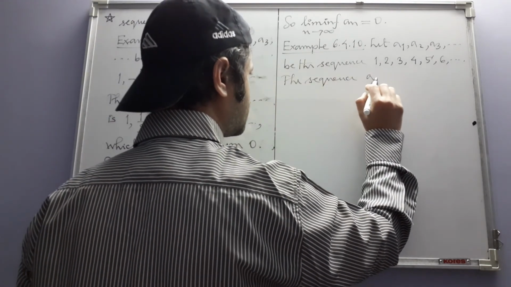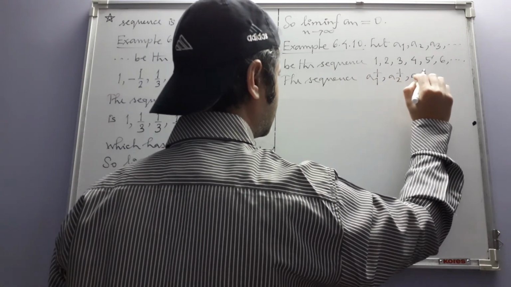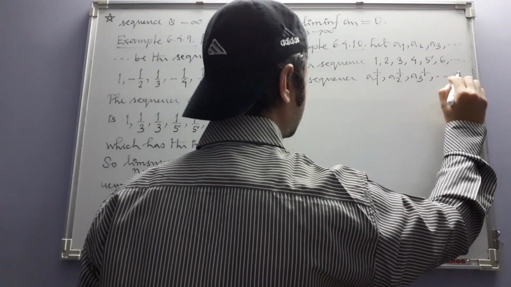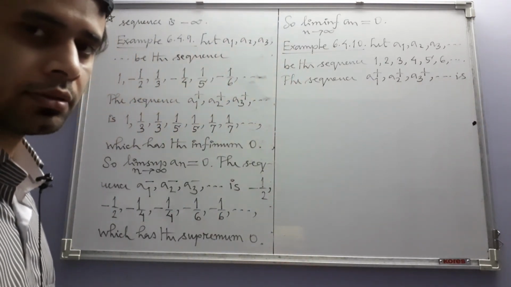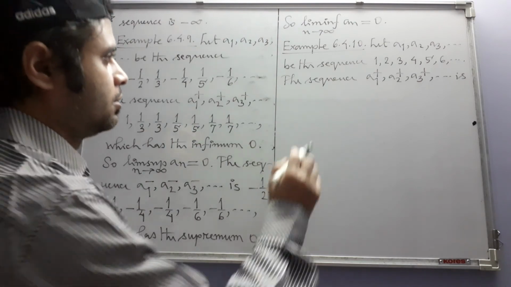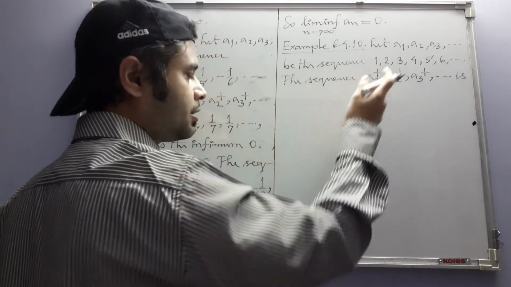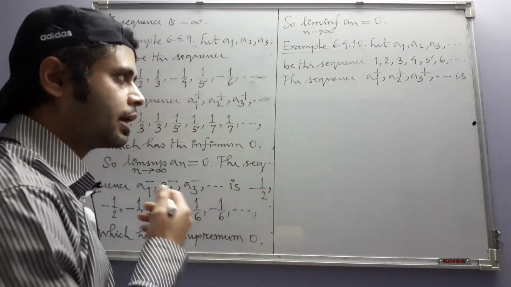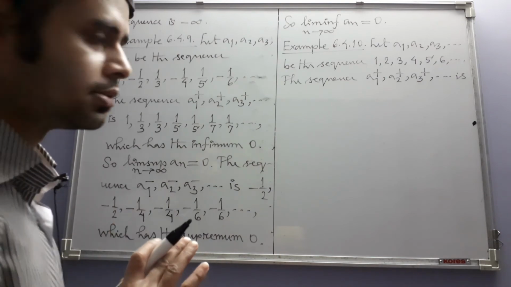In this case, the sequence of suprema: the original sequence is not bounded from above, and so you can see that no matter how many terms you remove from the beginning, that unboundedness persists.